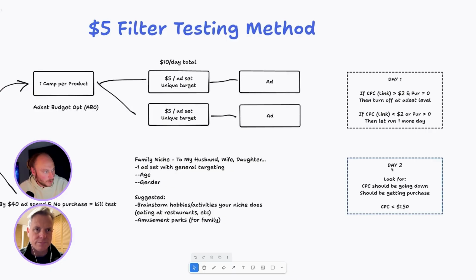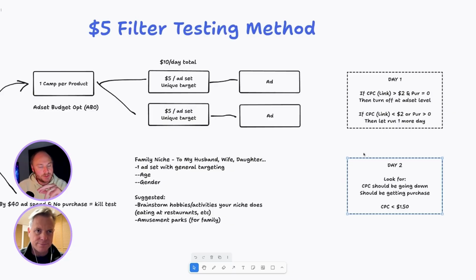Going back to day 1, you want your cost per link click lower than $2, and if you don't have a purchase, it's fine, you're going to let it run. So day 2 comes around and you're looking for your cost per link click to be less than $1.50. By day 2, you've spent $20 in this example, assuming both ad sets are still running, because you'll treat each ad set individually.